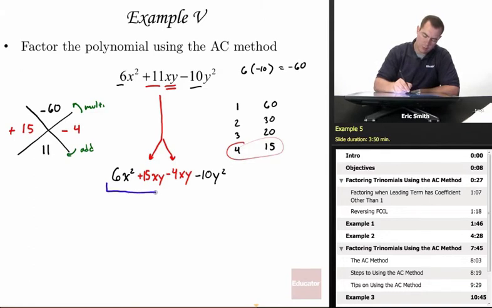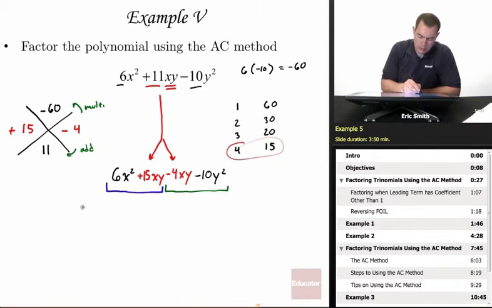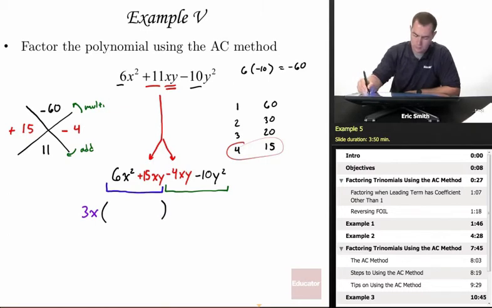We'll look at our first two terms, and we'll look at our second two terms. Okay, starting with the first two, what do they have in common? Well, they both have a 3x that I can go ahead and draw out. That would leave me a 2x plus 5y.